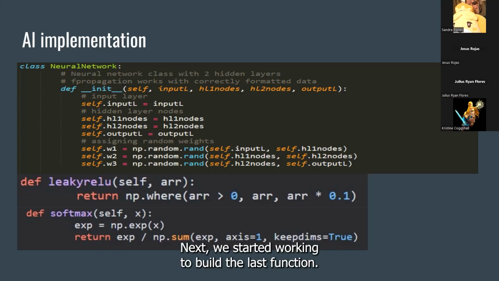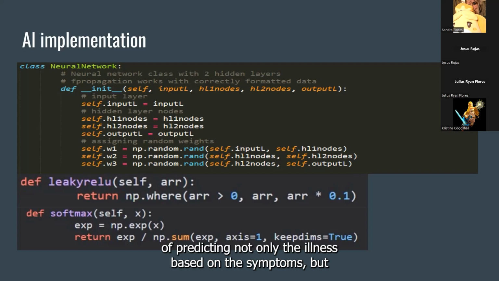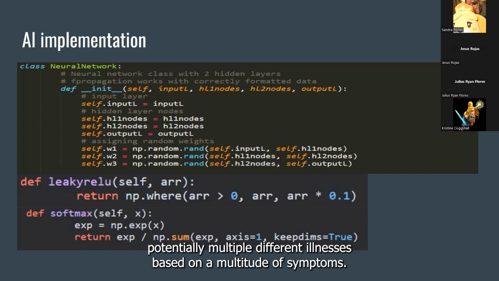Next, we started working to build the loss function. We decided on using a cross-entropy loss function since we wanted the possibility of predicting not only the illness based on the symptoms, but potentially multiple different illnesses based on a multitude of symptoms.